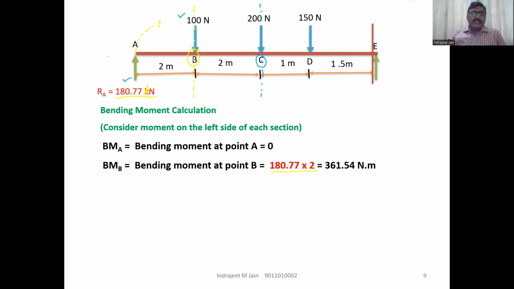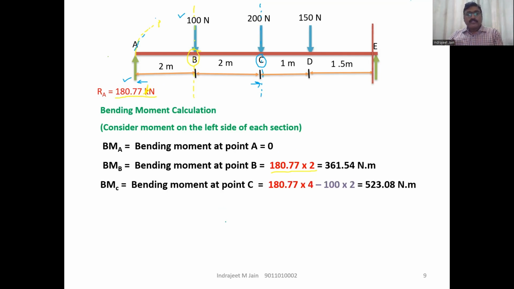This reaction RA will produce a clockwise moment, but the distance from A to C is increased. Clear? The distance will be increased. Now how much is it? 4. So RA, the reaction at A, that is 180.77 into 4 is your clockwise moment.